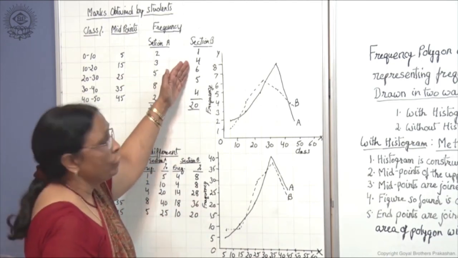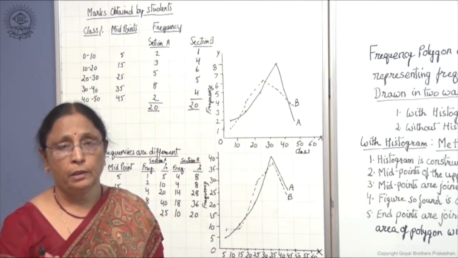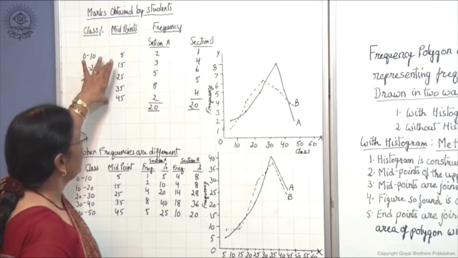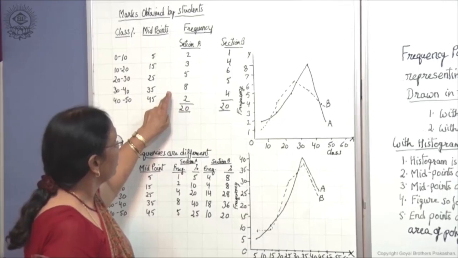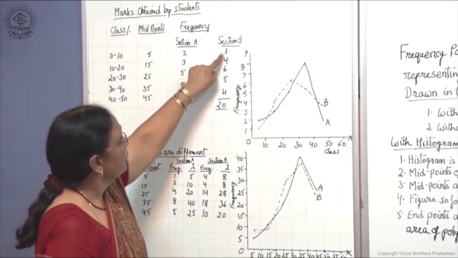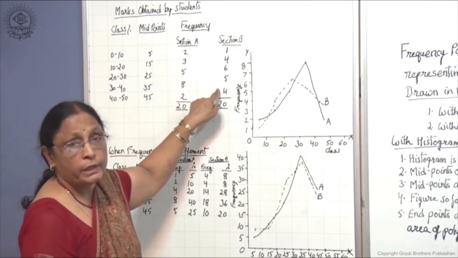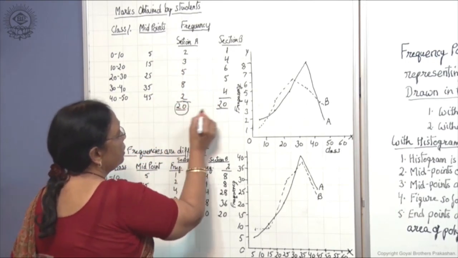This is the frequency of marks of students of section B, right? As I told you, the class interval should be the same when we are drawing two frequency curves, but the frequency may differ. Here you see that frequency is not the same. Frequency is different, but the total is the same.